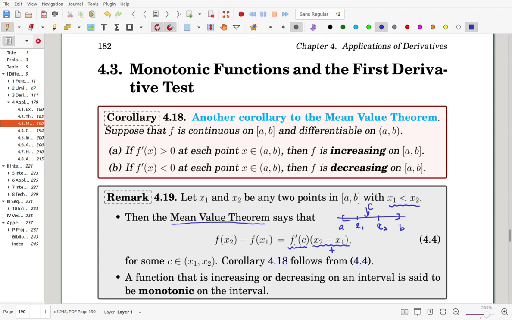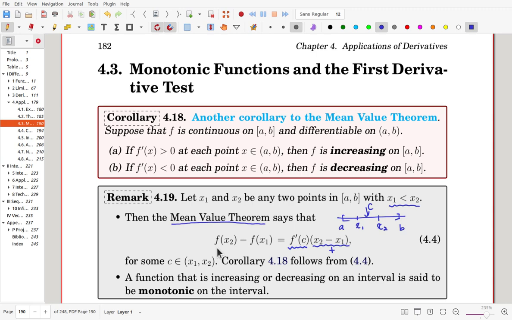Then f of x2 minus f of x1 is positive, which means that x2 is to the right of x1 and the value is larger, which means that f is increasing.